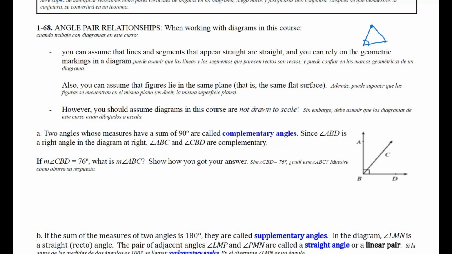And you can rely, if I do these markings, that all the angles are congruent, that all sides have the same length. You can assume that figures lie in the same plane.